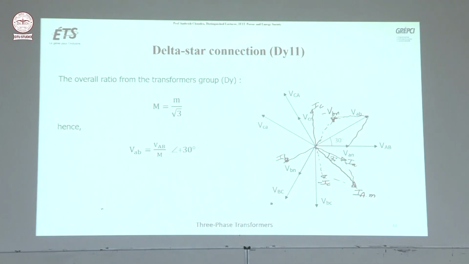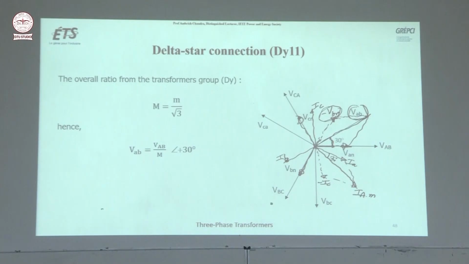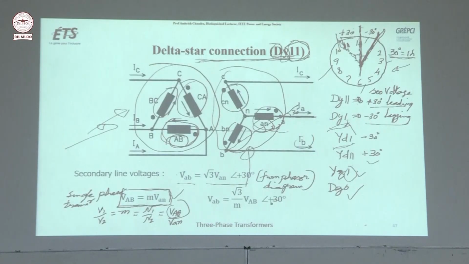If you see this phasor diagram, this is VAN, VBN, and then VCN. To calculate VAB, you take minus VBN, and then the sum of VAN and minus VBN will give you VAB. So basically VAB is leading by 30 degrees with respect to VAN. So this is what we have written.